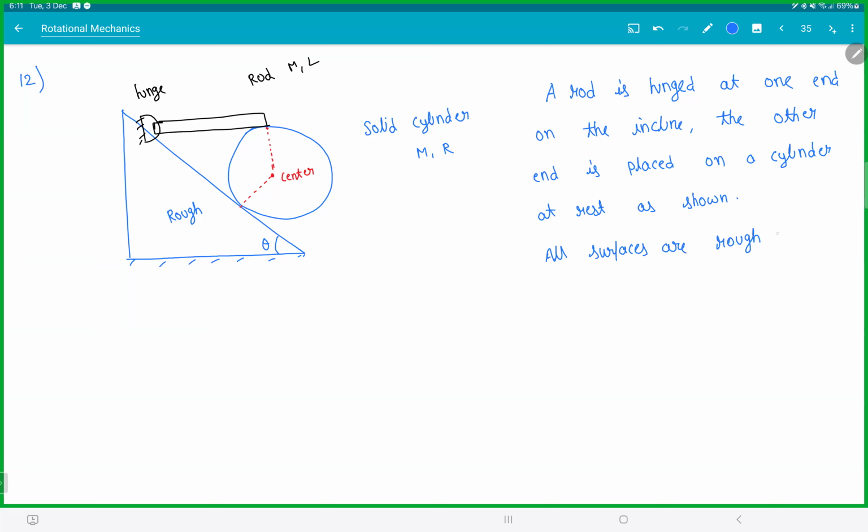Find all frictions and normal reactions.